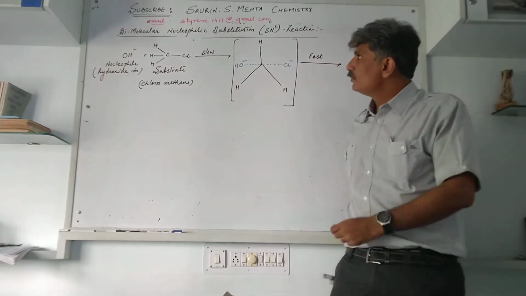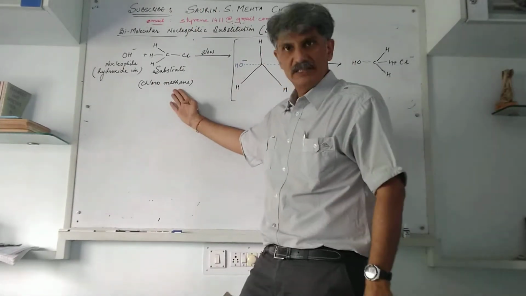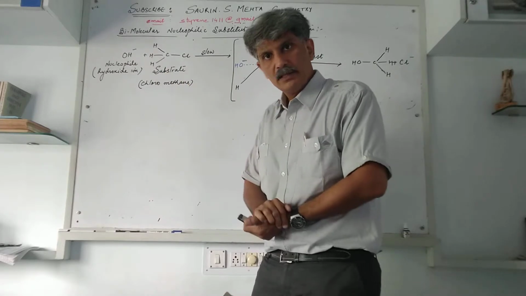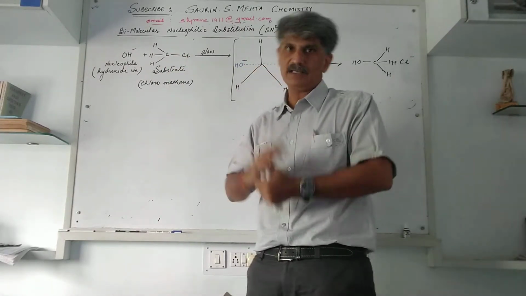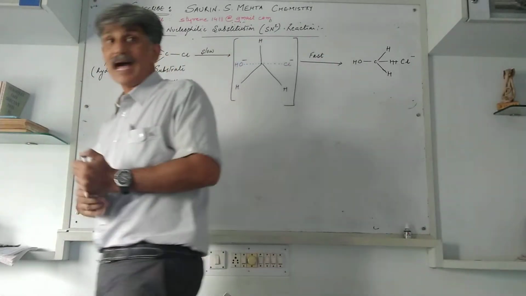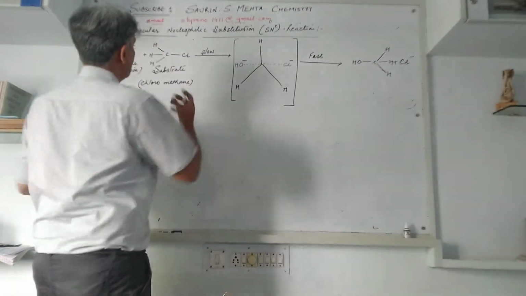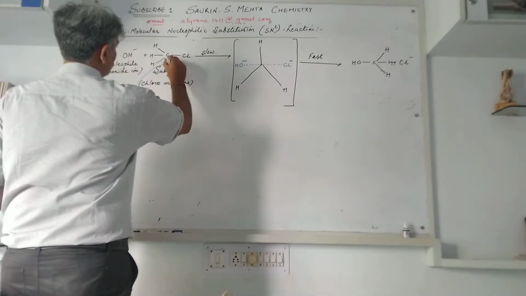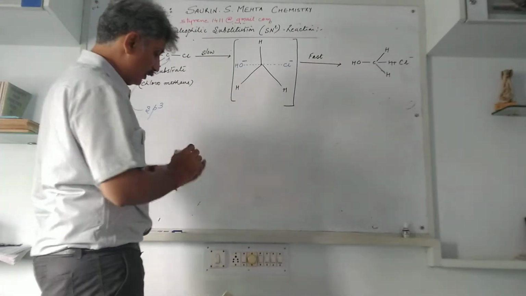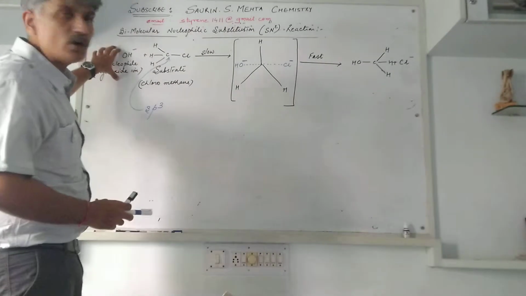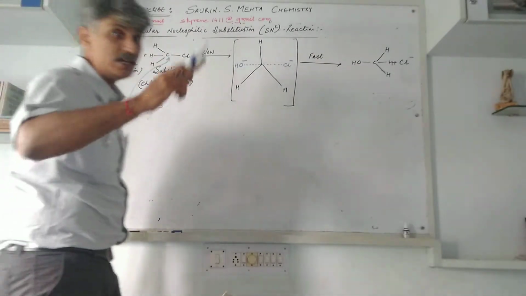In this reaction we have taken chloromethane. You know chloromethane, where carbon has a tetrahedral geometry. So here the carbon atom is sp3 hybridized. And it is allowed to react with a hydroxide ion, OH minus.